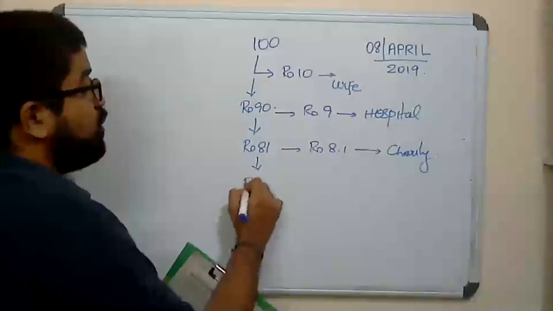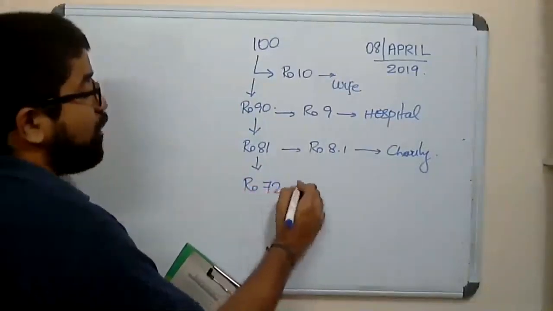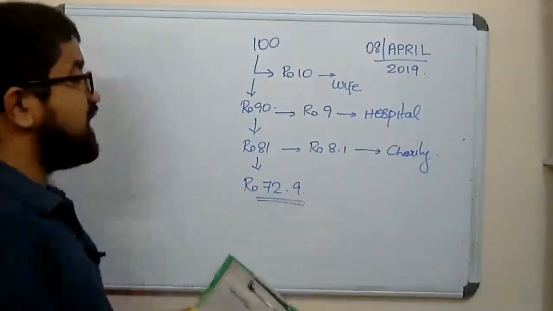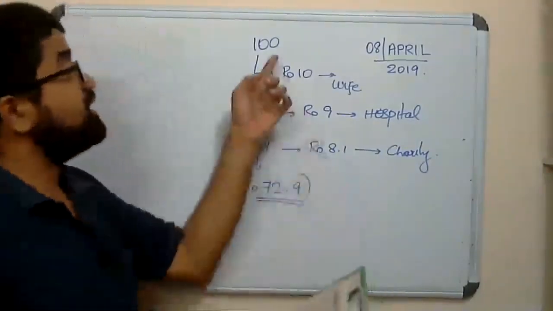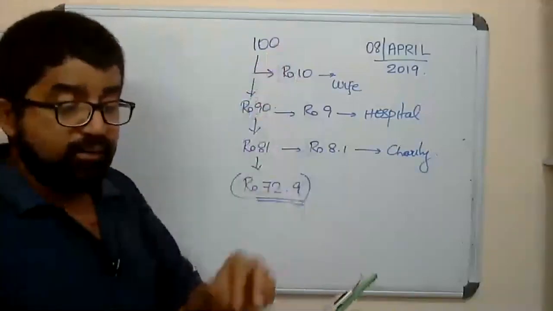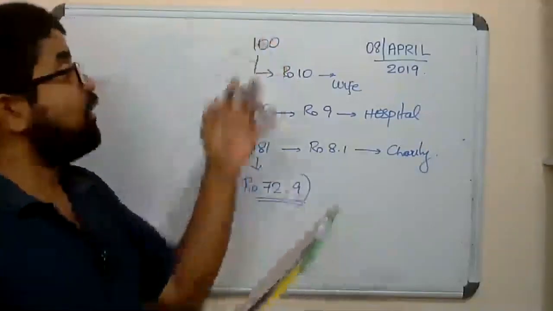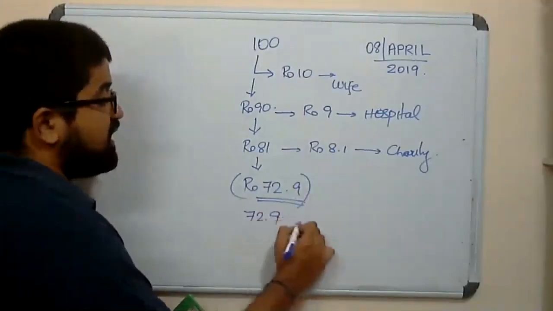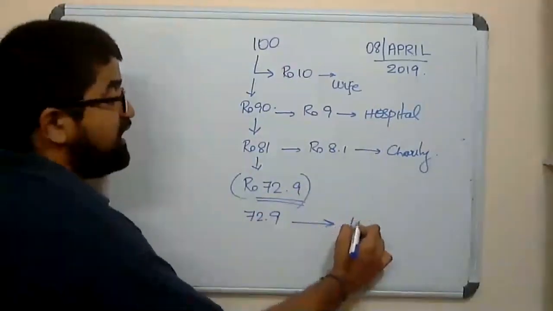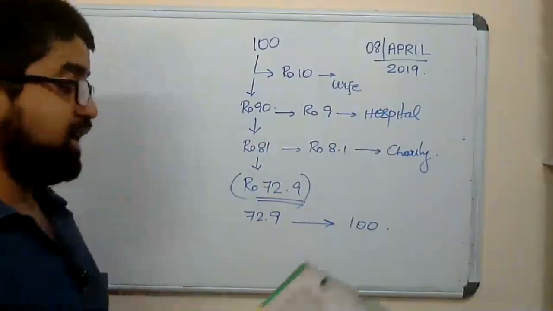It is equal to rupees 72.9. So this is the amount that remains with him. If I assume that the initial amount that is there with this man, Mr. Ramesh, it is equal to rupees 100, so I can conclude that 72.9 remains with him. If the initial amount, it comes to rupees 100.